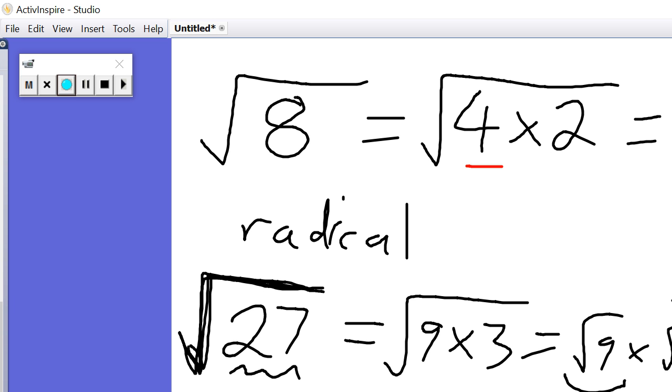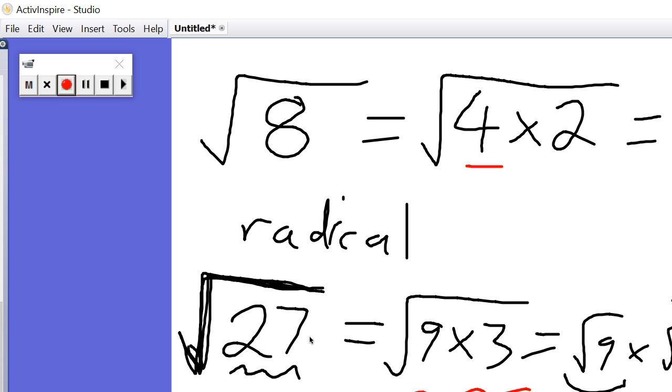Alright, so some of you, if you get a real handle on it, you might find that you don't have to do all of this working. You might see that 48 is 3 lots of 16. 16 is a squared number, so we could rewrite this saying we've got 16 hiding in there. When the 16 comes out, the square root of 16 is 4, and what's left behind on the inside is 3.